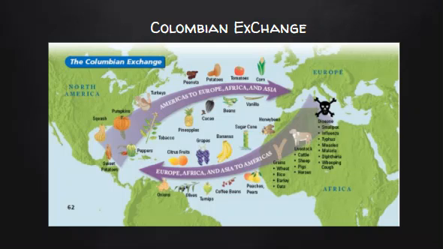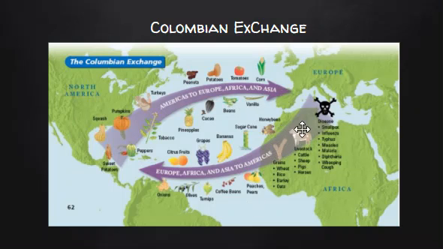He did not come to America as we know it, but he does begin the trade of items to and from the New World. What you're going to see is the items being taken from the New World are going to be mostly crops. So you're going to see things like pumpkins, tomatoes, peanuts are going to originate in the New World and be sent to trade to Europe and Africa.